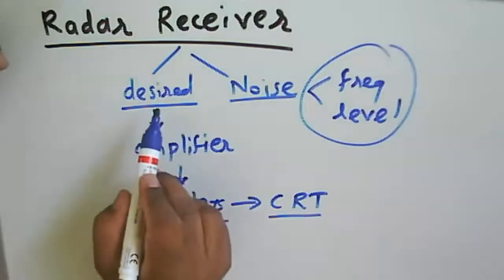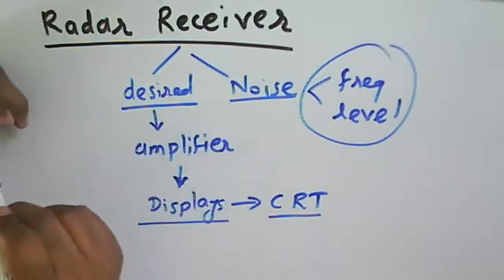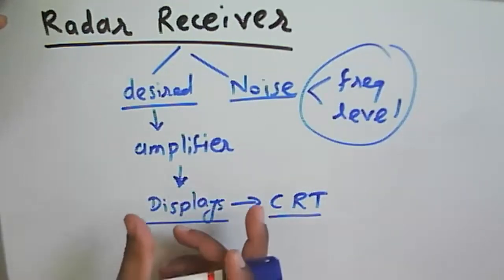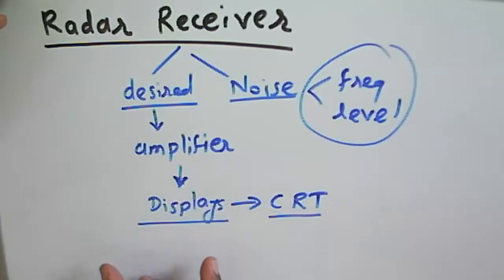The desired signal consists of target information in terms of range, azimuth and elevation angle, and that information is given to the display devices. The display devices consist of a processor, the data is processed, and accordingly it is displayed on the display devices in terms of range, azimuth and elevation.